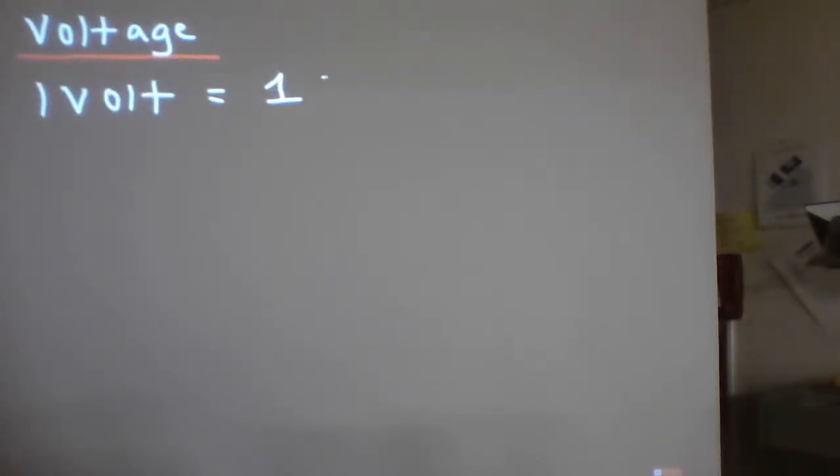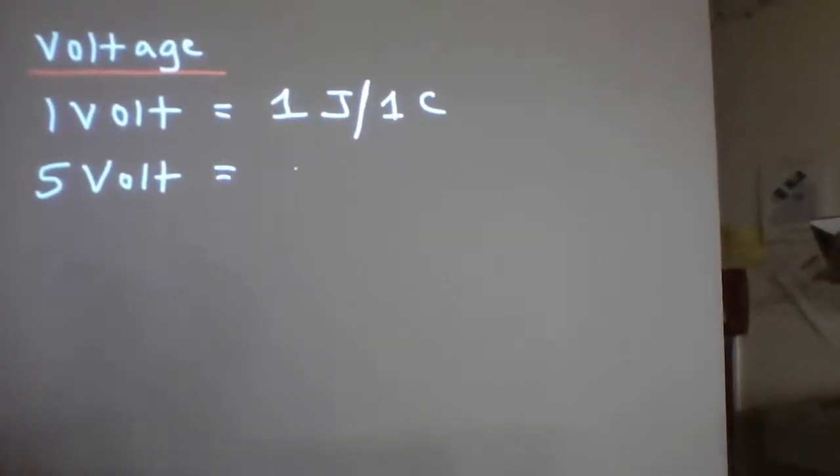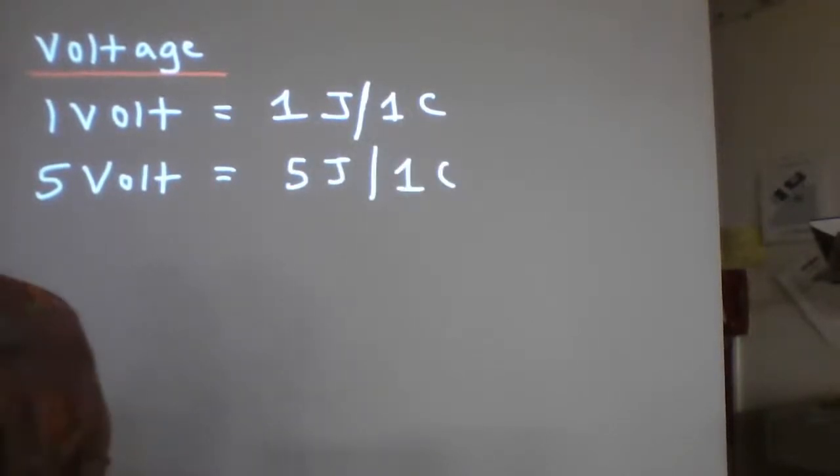The unit for voltage is the volt. 1 volt is equal to 1 joule of electric potential energy per 1 coulomb of charge. So let's say if you have a 5 volt battery, that means that each coulomb of charge carries 5 joules of energy, or it is 5 joules per 1 coulomb of charge.